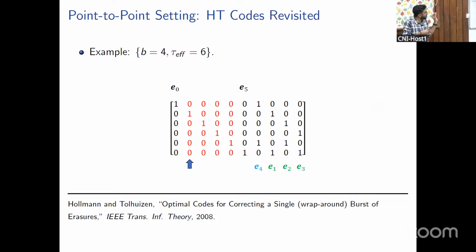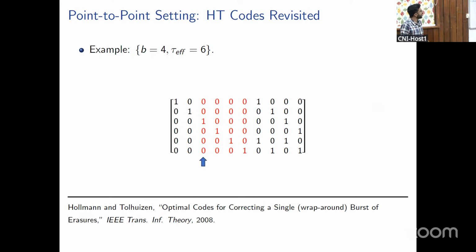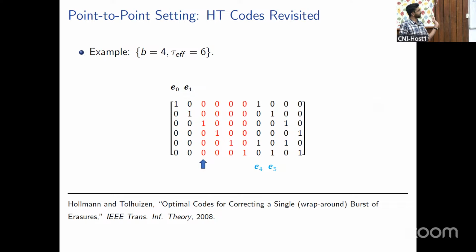Okay, so now you can see that these message symbols are permuted, right? So E0, E5, E4, E1, E2, E3. So we are recovering things sequentially but in a permuted manner. We are recovering all the raw symbols in a permuted manner. So similarly for each and every other burst, you can see that you can recover all these things. So here the blue things are the additional observation that we make about the code.